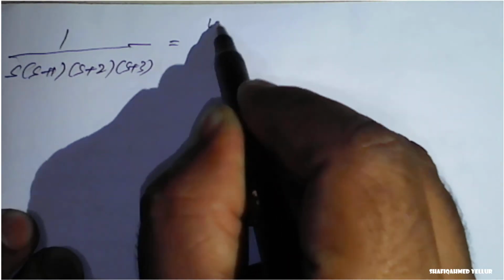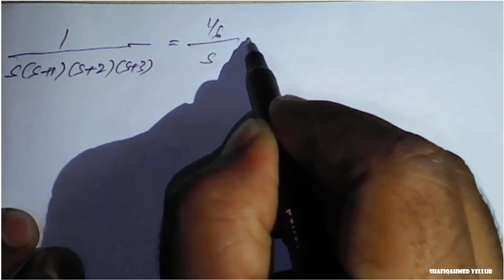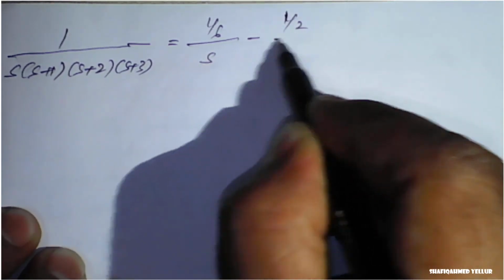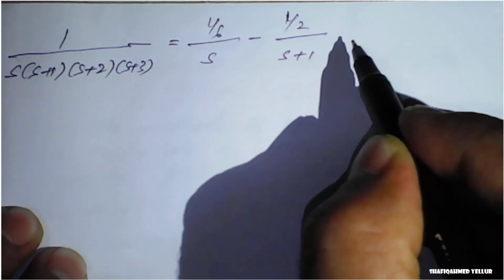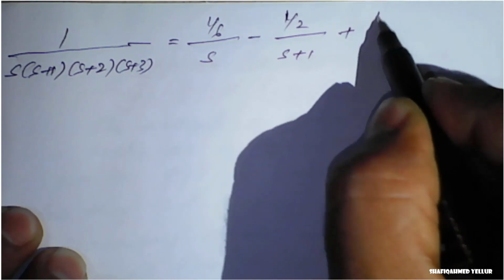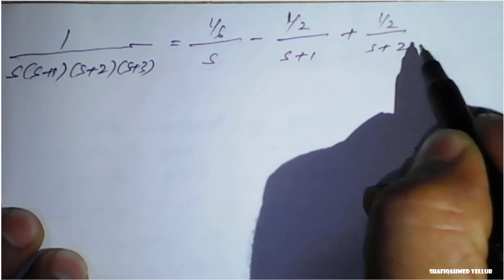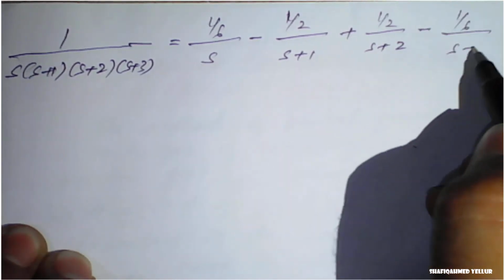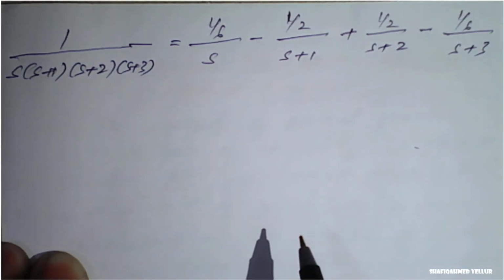So on applying, 1 upon s, s plus 1, s plus 2, s plus 3 equals, a value we got 1 upon 6 upon s, b value we got minus 1 upon 2 upon s plus 1, then c value we got plus 1 by 2 upon s plus 2, and d value we got minus 1 upon 6 upon s plus 3. So we got these terms.